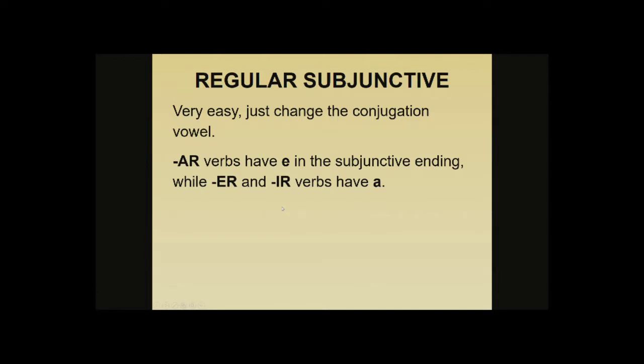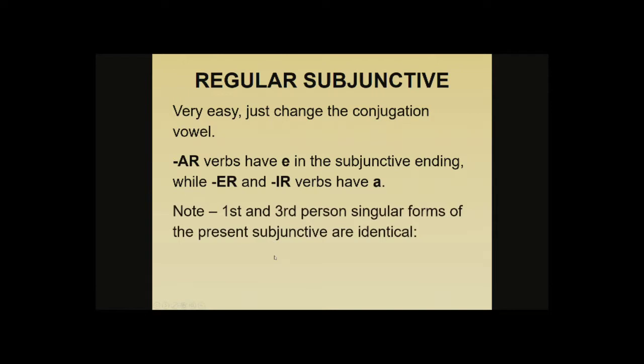So saying something like, oh, it's really difficult to know the subjunctive in Spanish, the endings. I mean, no, that's not true. If you know the indicative, you know the subjunctive. I'm talking about the present subjunctive. Obviously, the past or imperfect subjunctive is a little bit more complicated. As a consequence of the fact that you have E's and A's, you also get rid of the O of the first person singular.